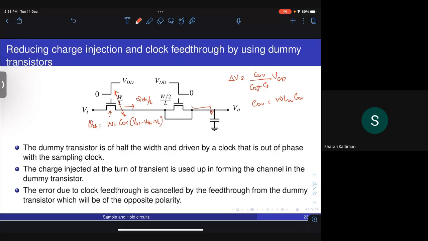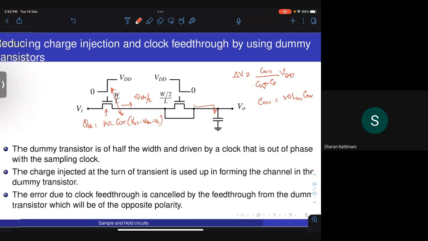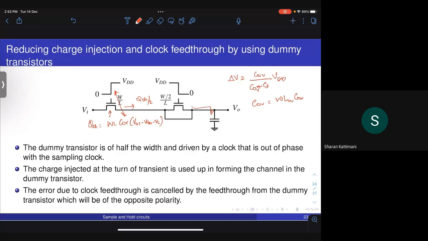Notice that when the sampling switch turns from on to off, the dummy switch goes from off to on. Basically, this gate will have a rising edge. So the complementary edge on the dummy transistor will in turn inject a charge onto the output, which will be the delta V due to the dummy switch.